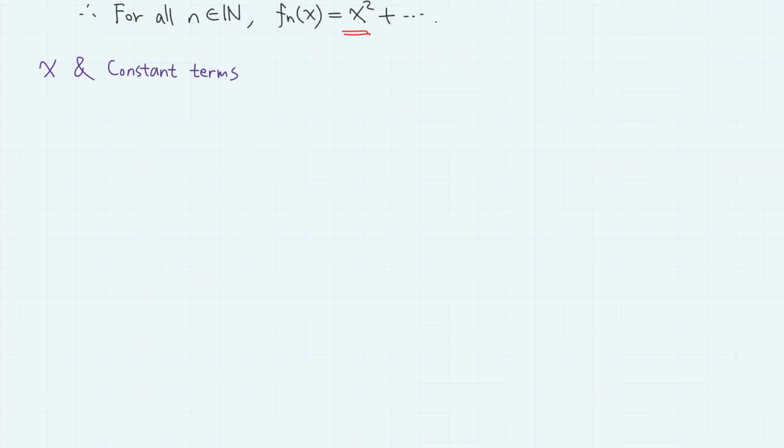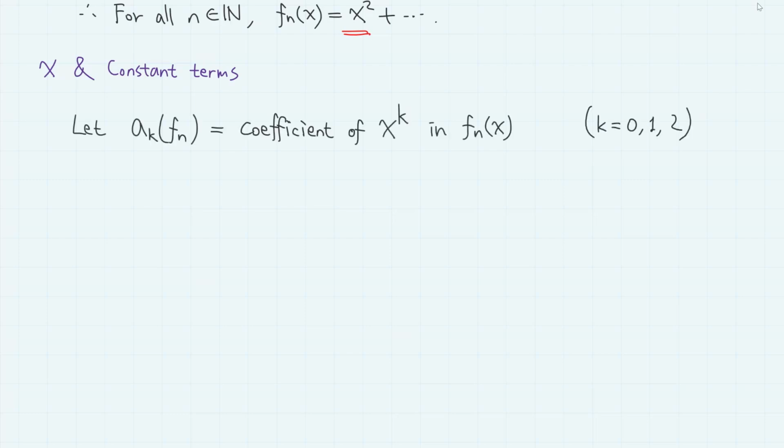Next, let's take a look at the coefficients for other terms. In order to discuss those, we need to define some kind of coefficient sequence. Define a_k of f_n as the coefficient of the x to the power of k term in polynomial f_n(x).